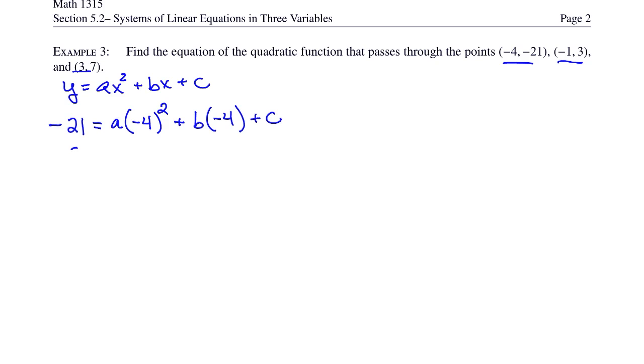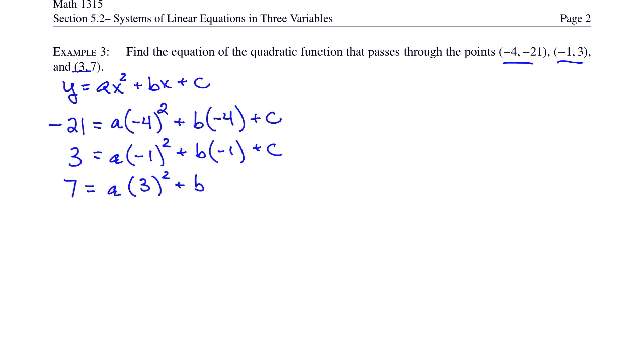So we get 3 is equal to a times -1 squared plus b times -1 plus c. And then the third one. 7 is equal to a times 3 squared plus b times 3 plus c. And there's your system.